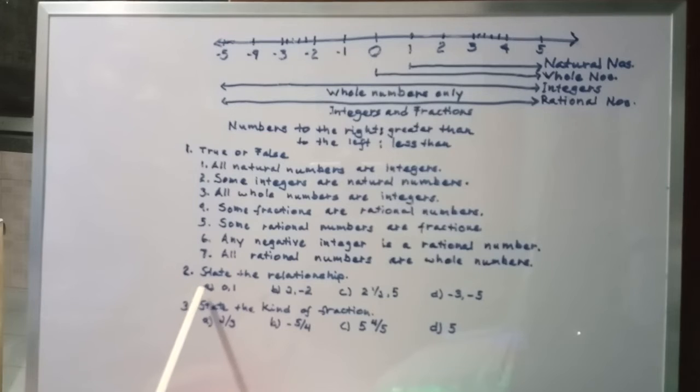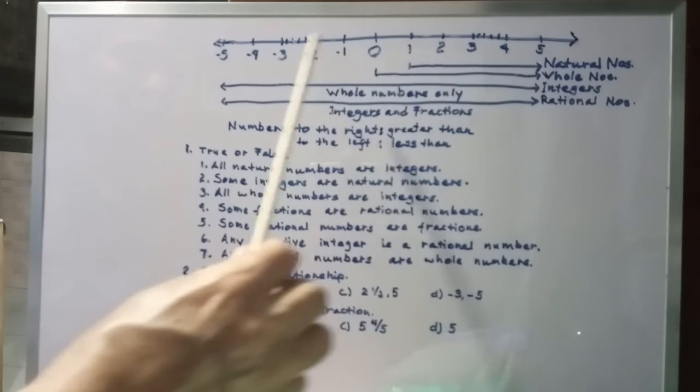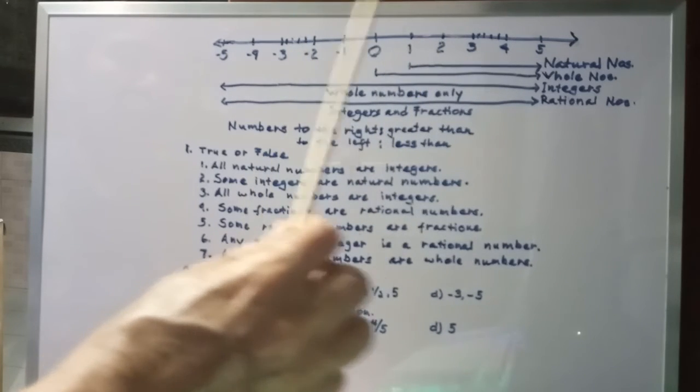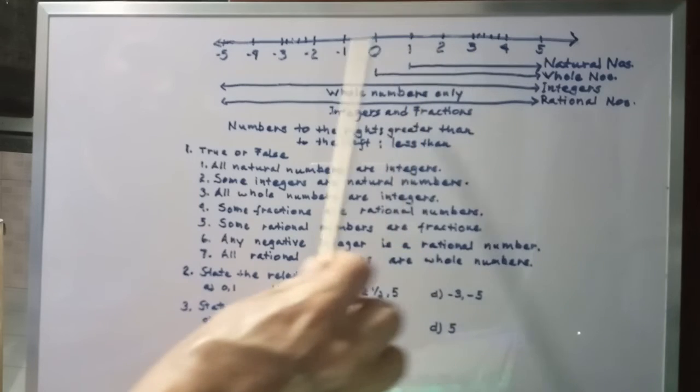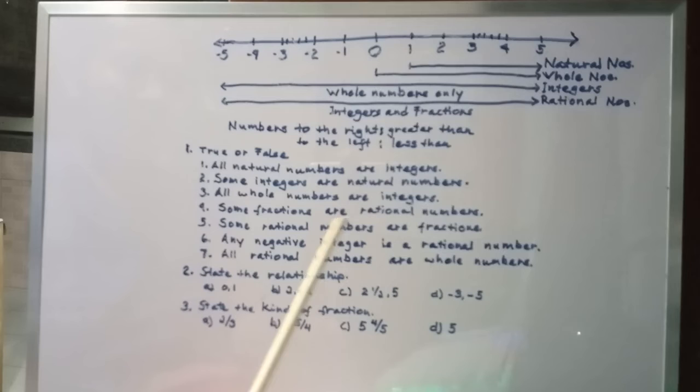Therefore, letter A, the relationship is less than. Letter B, we have positive 2 and negative 2. Positive 2 is here, negative 2 is here, and positive 2 is to the right of negative 2. Therefore, the relationship is greater than.